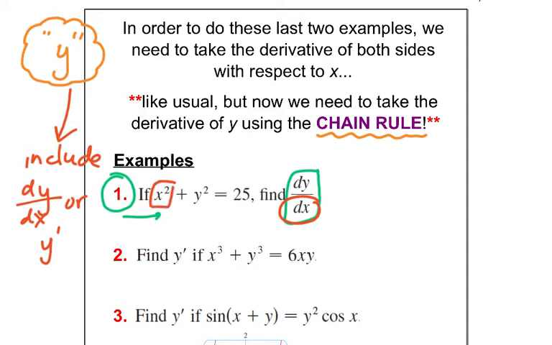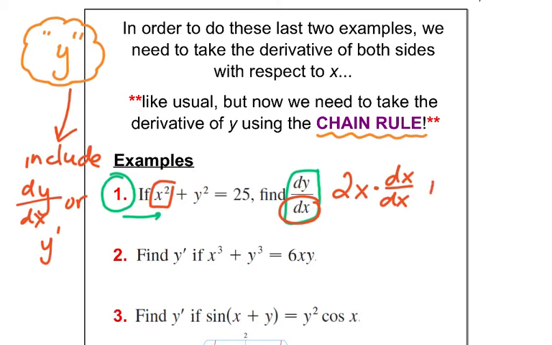The derivative of x squared is just 2x, right? But if we want to be really specific, this would be 2x times, by chain, the derivative of the x variable with respect to x, dx over dx. Now that's going to simplify really nicely, but let's just keep going forward for now.